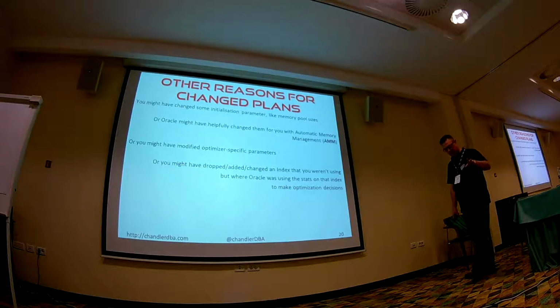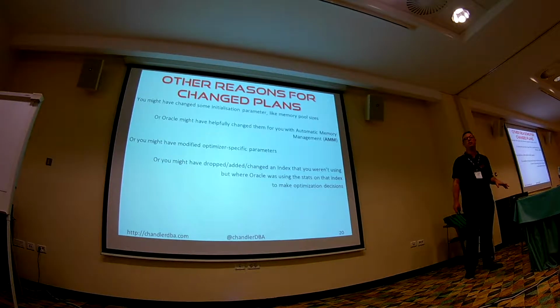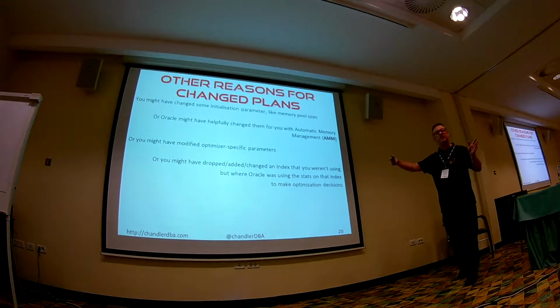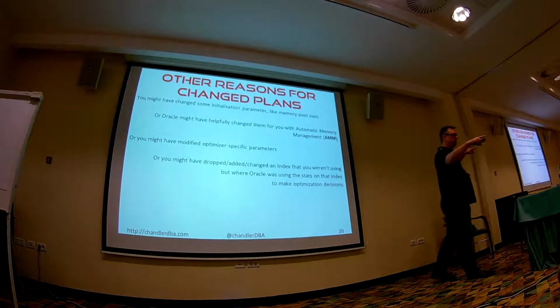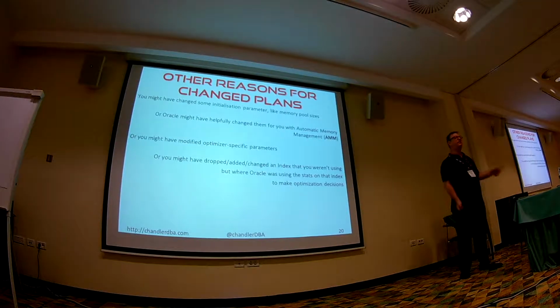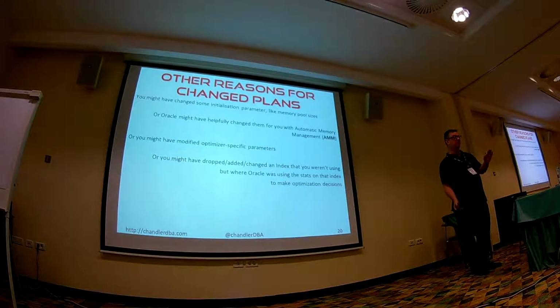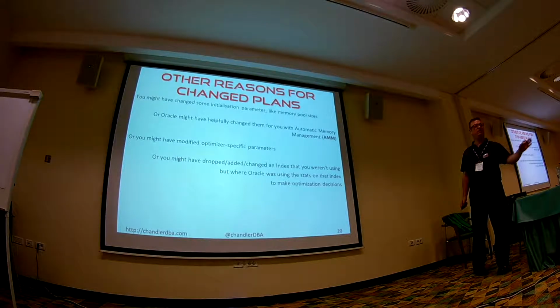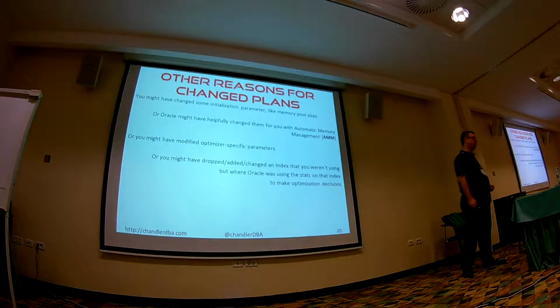The optimizer is really clever. It uses any statistics it can get its hands on. And if you've got a multi-column index, that's telling the optimizer things about how those columns relate to each other. And it will use that to optimize, even if it's not going to use the index. So if you drop an index, the safe thing to do is to add extended statistics to your table covering the columns that the index used to cover.